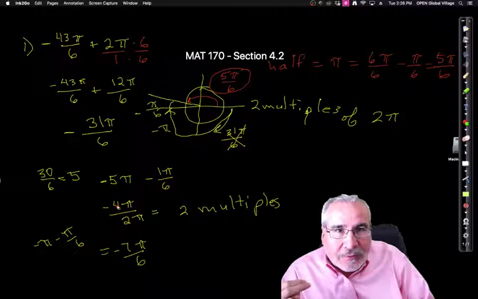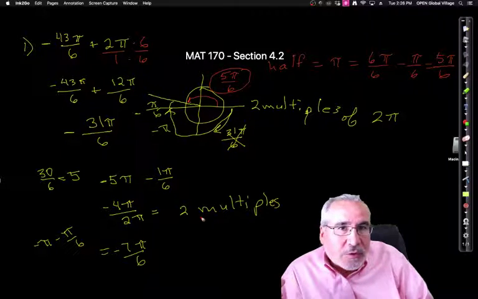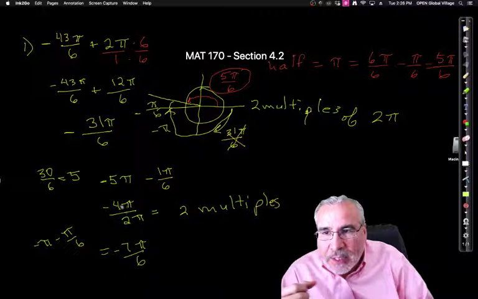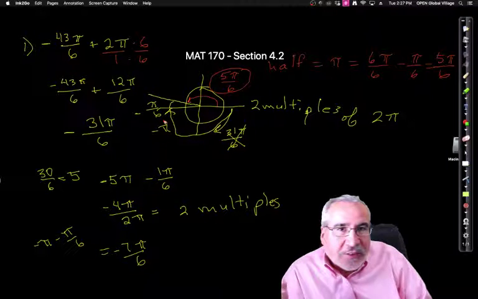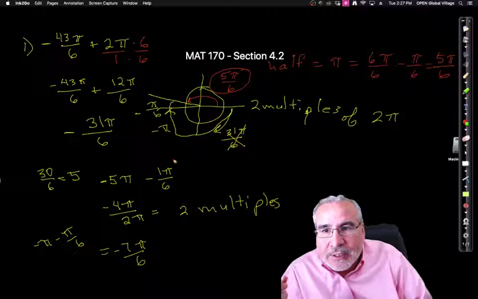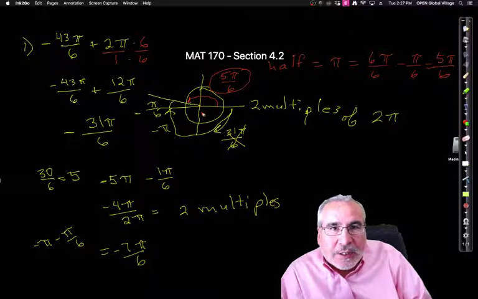That's 4 pi divided by 2 pi gives us 2 multiples. Had it been 8 pi divided by 2 pi, it would have been 4 multiples. And then whatever's left over, that's what we have to travel starting at 0, the last leg of the journey. If we draw it out this way, it helps us figure out what the positive angle measurement is going to be.